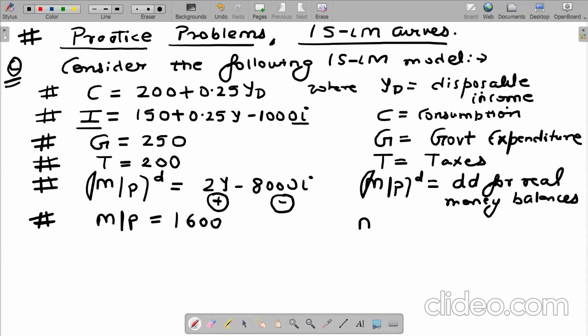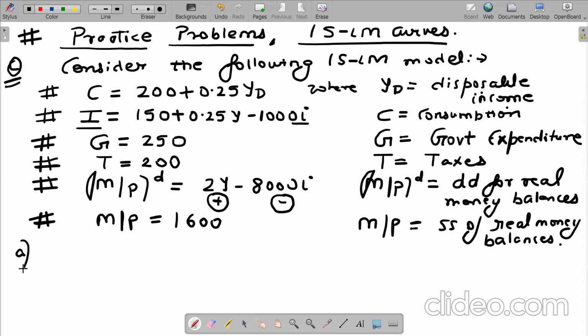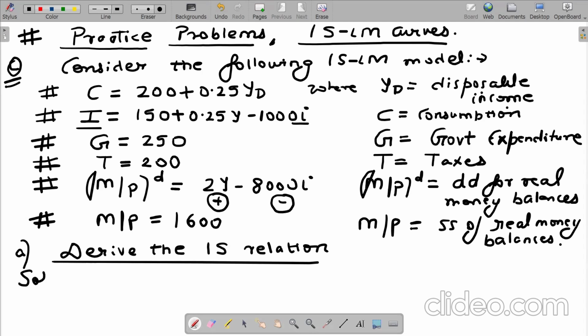And if I just talk about M by P, that's the supply of real money balances. Okay, so we are clear with all the terminologies. Now the first part of the question asks us to derive the IS relation. So let's quickly solve this.